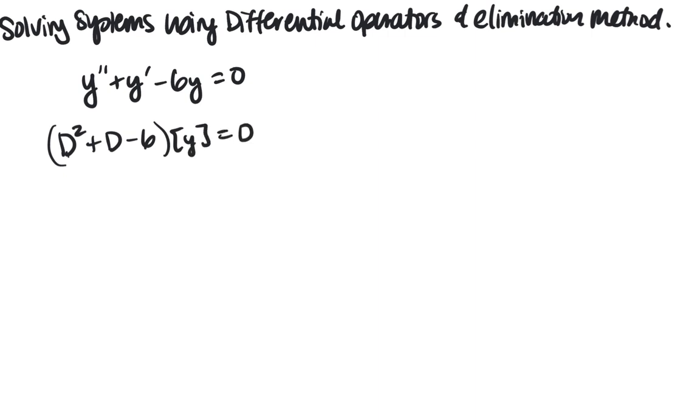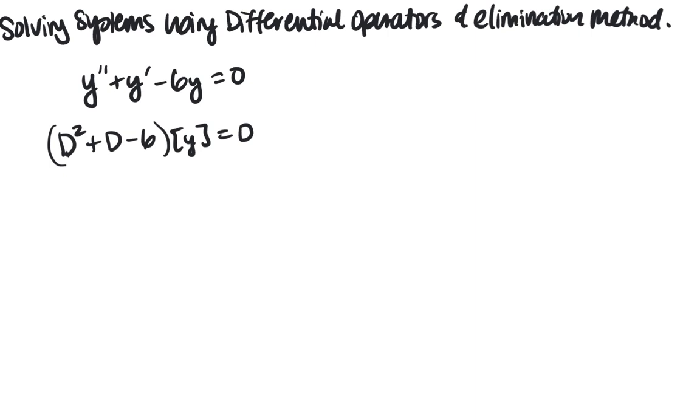And so the D is like taking the derivative. So that D squared would mean I'm taking the derivative twice, and then this D would mean I'm taking the derivative once, and then minus 6 times y. So this is the way you would write it in operator notation.